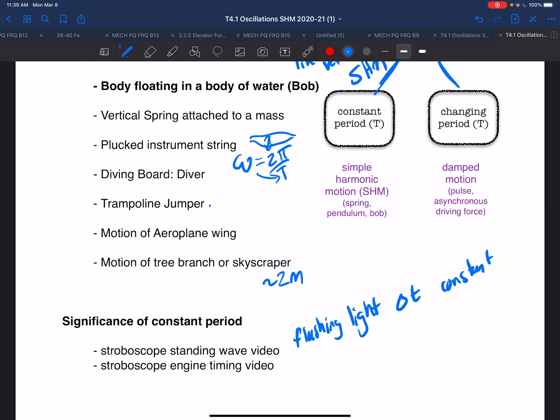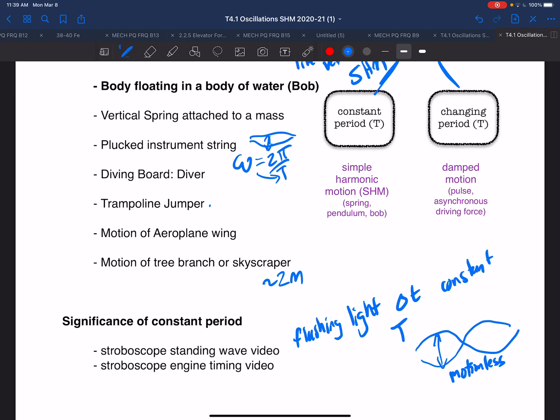So if you get the right period, an object that is oscillating between these two extremes back and forth, if you adjust that stroboscope so that the delta T matches the period of that thing, when you look at it, this moving thing will remain motionless. So vibrating things, when they are matched with a flashing light of the same period, will appear to be motionless.